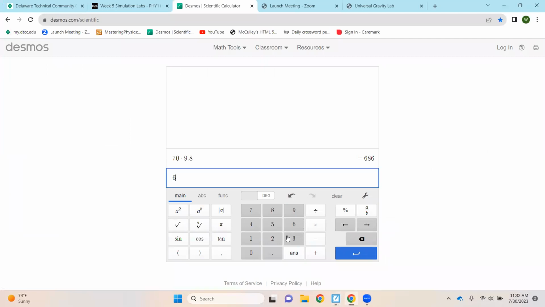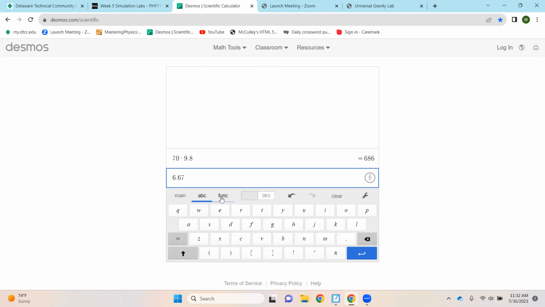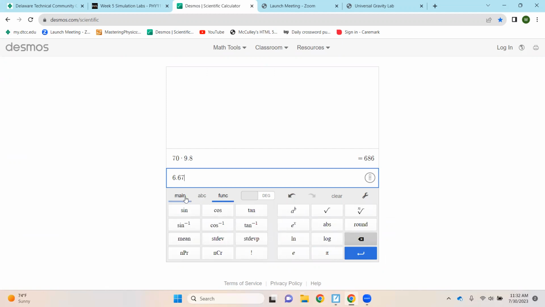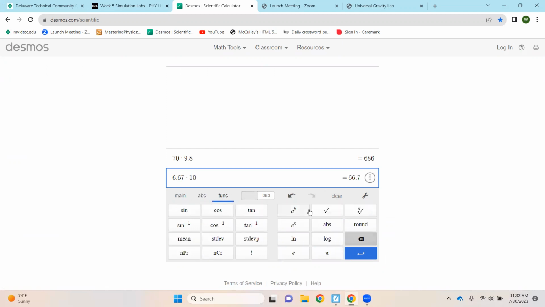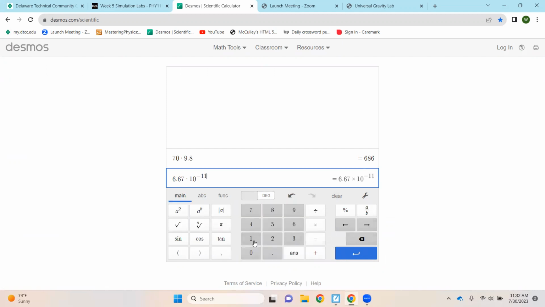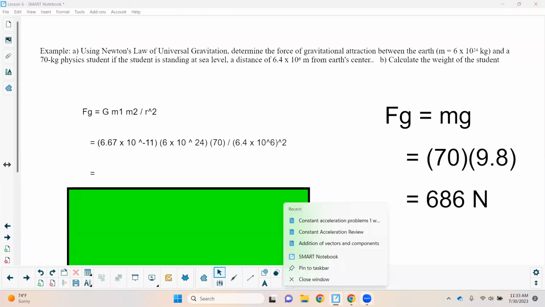So we've got 6.67 times 10 to the negative 11. And then we're going to take that and multiply it times the mass of the Earth, which we said was 6 times 10 to the 24th.